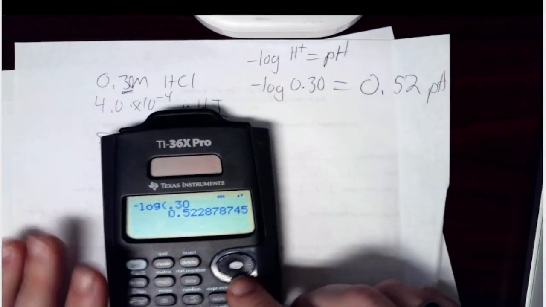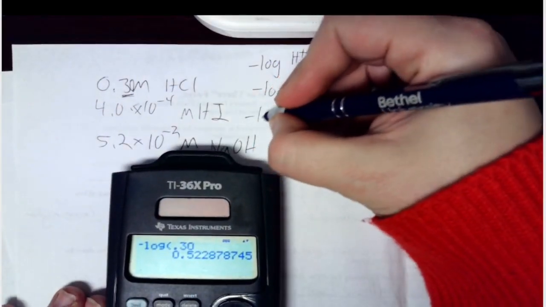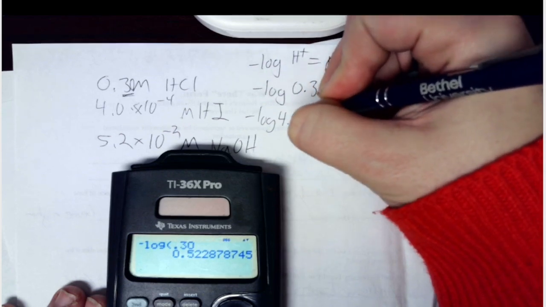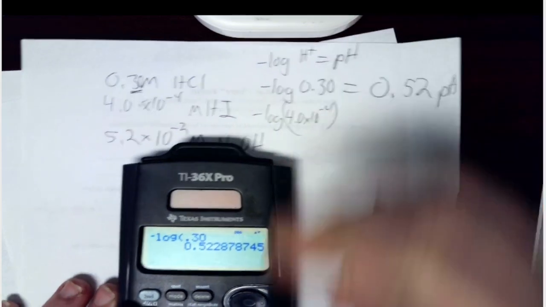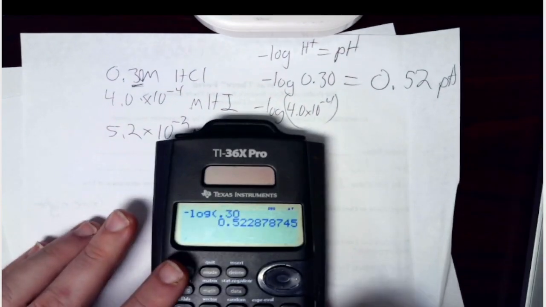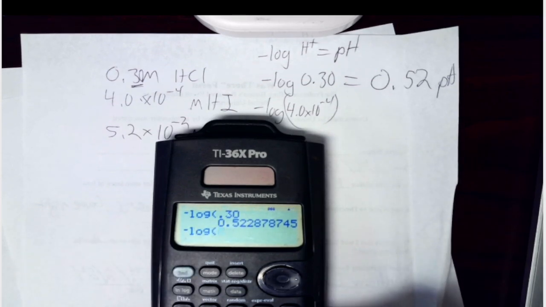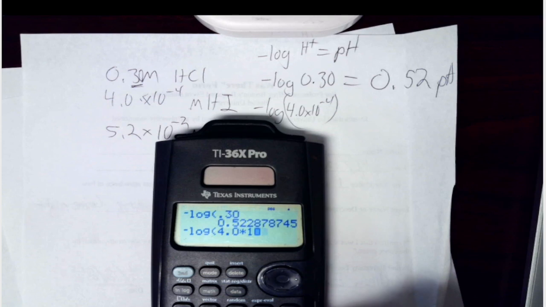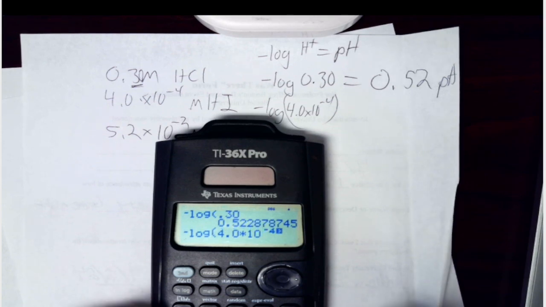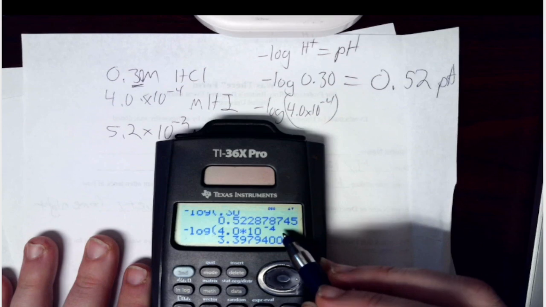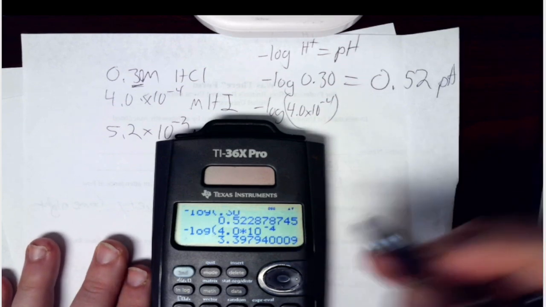HI is also a strong acid, so I just need to take the negative log of 4.0 times 10 to the negative 4th. There's many different ways to type this in, but we'll just do the simplest one. Negative log of 4.0 times 10 power negative 4. The negative 4 says it's going to be between 3 and 4.